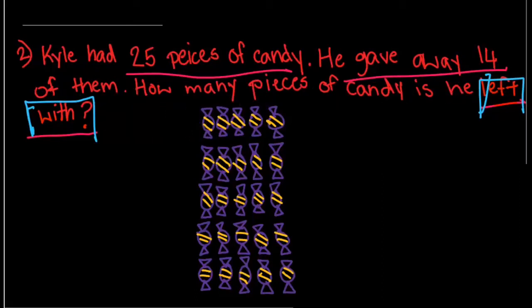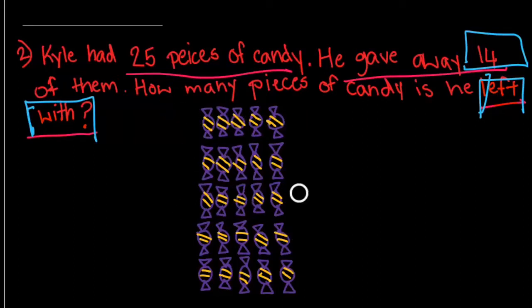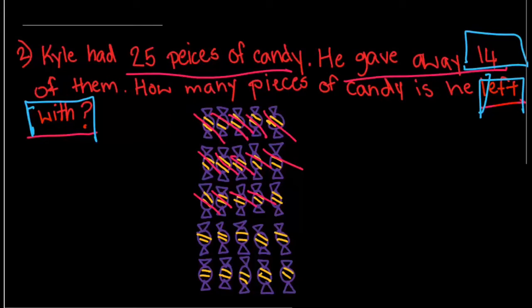Here it says he gave away 14 pieces of candy. So all we do now is we cross off 14 pieces out of the 25 pieces of candy up here. 1, 2, 3, 4, 5, 6, 7, 8, 9, 10, 11, 12, 13, 14. So we crossed off 14 pieces of candy, and now we count how many pieces of candy are left.